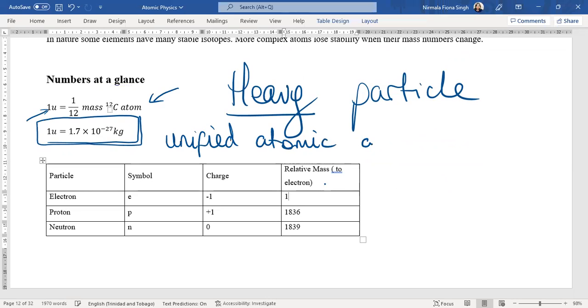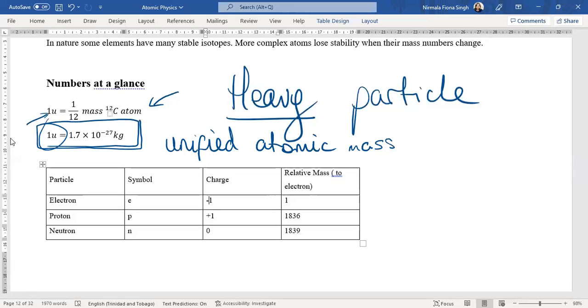This is a symbol to represent a small mass. So we have here 1 U represents 1.7 by 10 to the minus 27 kilograms. That's a really small number. So we just have this number standing in for calculations, but we're going to go into unified atomic masses when we start doing nuclear energy, which is the 3rd class from now.